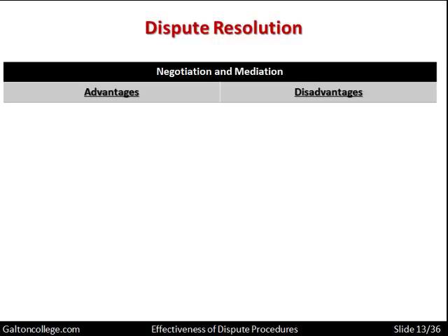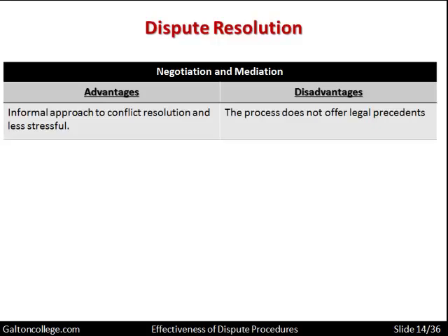Well, there are advantages and disadvantages to this also. First of all, the advantages. Well, it's a very informal approach to conflict resolution, and of course therefore it's less stressful. It's negotiations and mediation and trying to find a way forward, trying to negotiate what is acceptable to both sides.